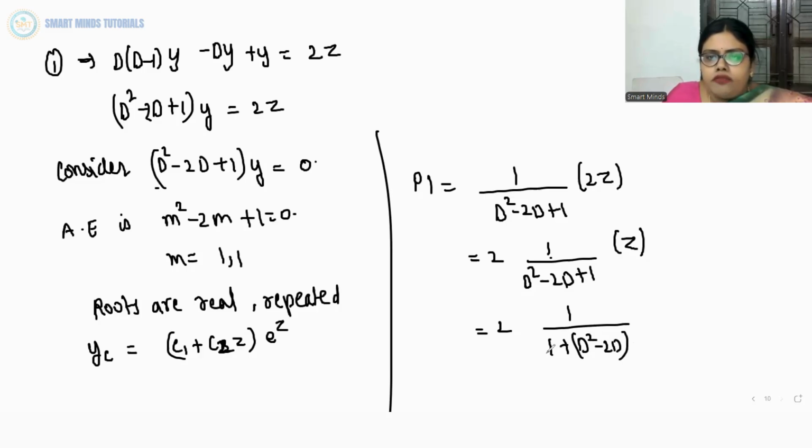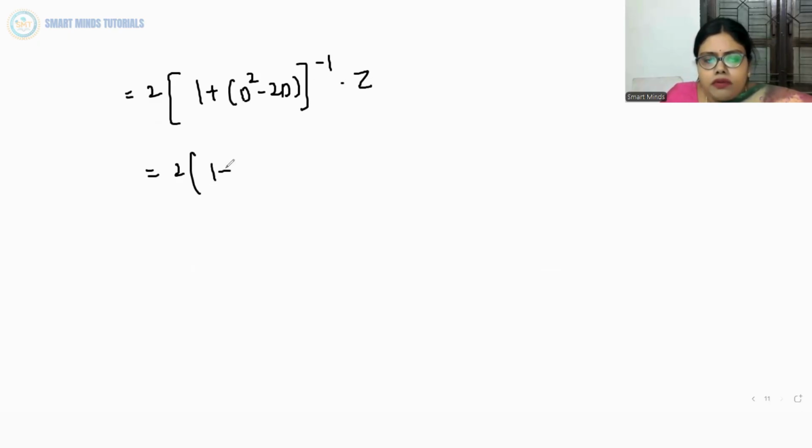Now it is in what form? 1 plus x form. If you take it to the numerator, that is 2 into 1 plus D square minus 2D whole power minus 1 into z. That is 2 into 1 plus 2D.